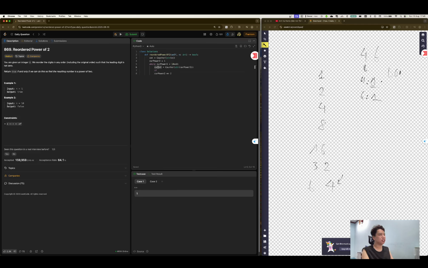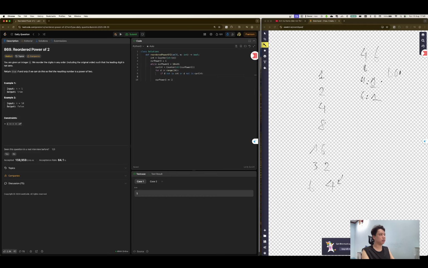First check the length, and then loop over digits from 0 to 9 and check if the count for each digit in the string of the power of 2 matches the count of n.